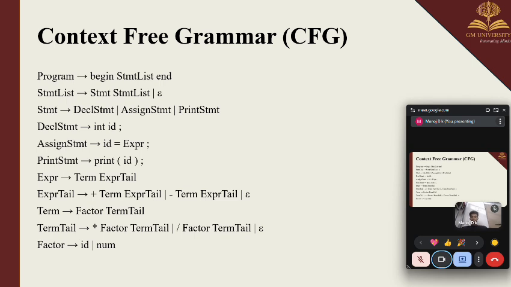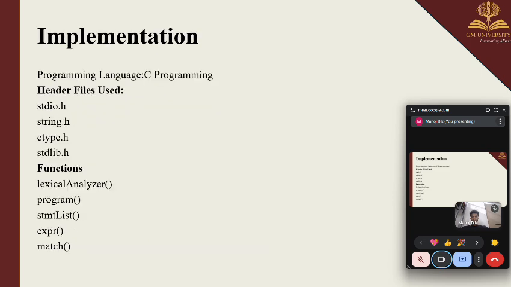Next, implementation. There are two major parts: the lexical analyzer and the recursive descent parser. The implementation consists of two major modules called the lexical analyzer and the recursive descent parser.